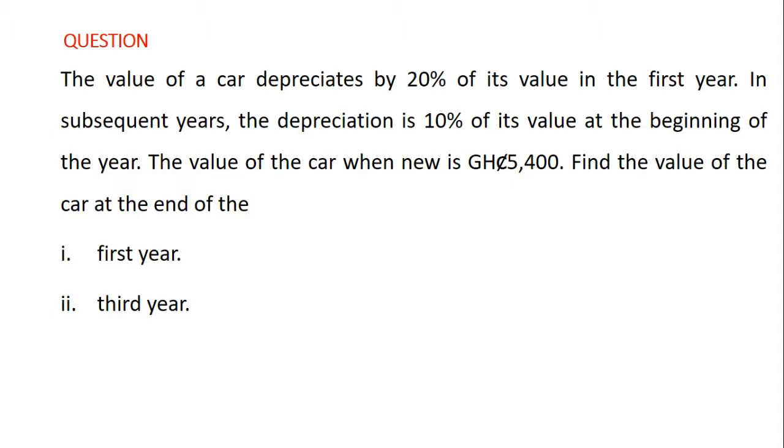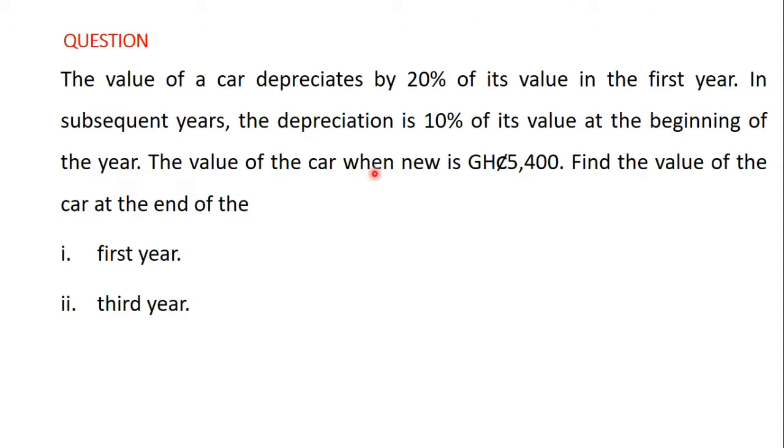In the subsequent years, the depreciation is 10% of its value at the beginning of the year. The value of the car when new is 5,400 Ghana cedis. Find the value of the car at the end of the (i) first year, (ii) third year.